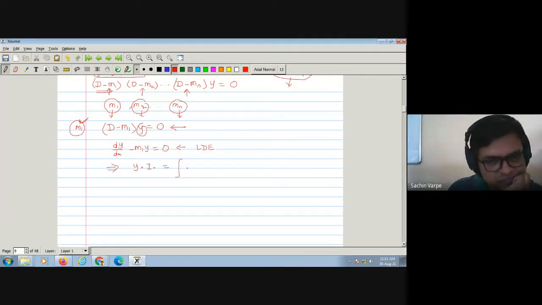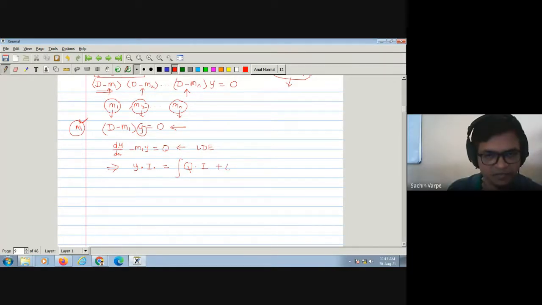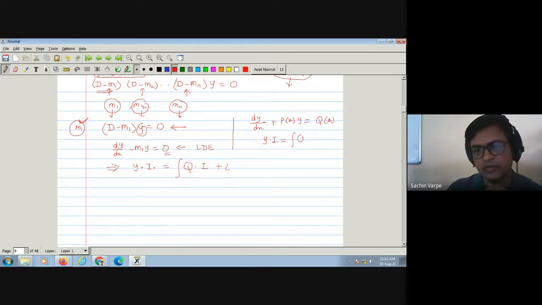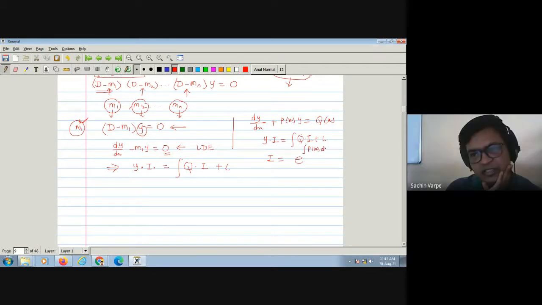The standard form of LDE is dy by dx plus p of x into y is equal to q of x. So its solution is y into I is equal to integration of q into I plus c, where I is e to the power integration of p of x dx.